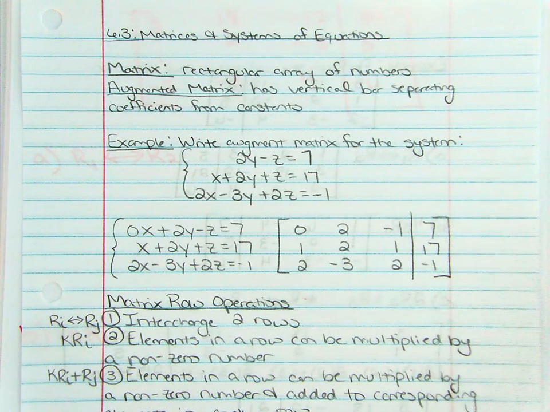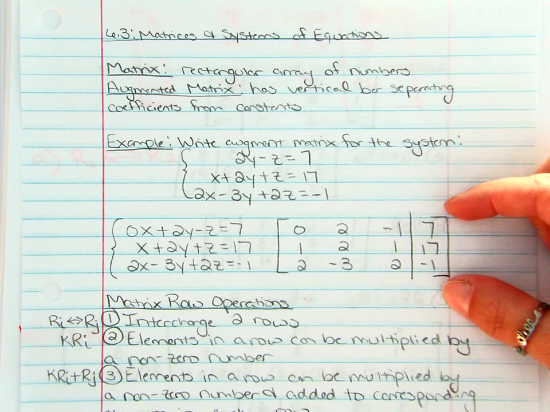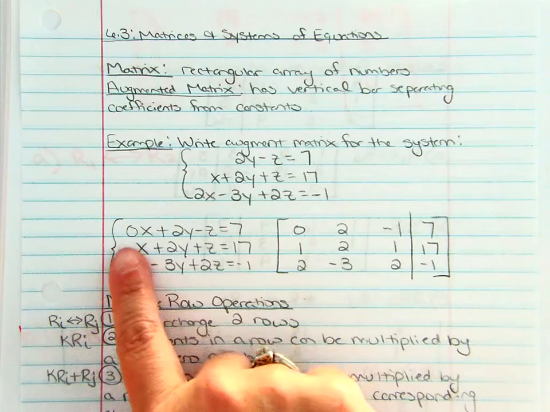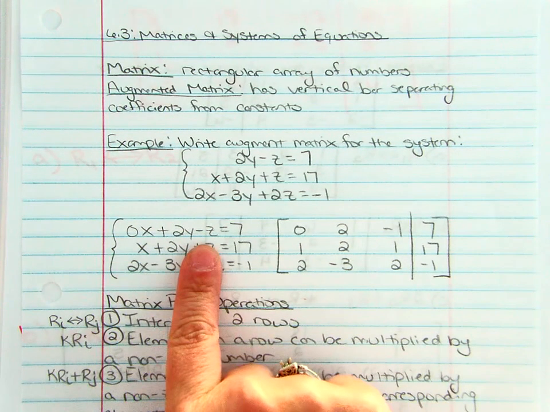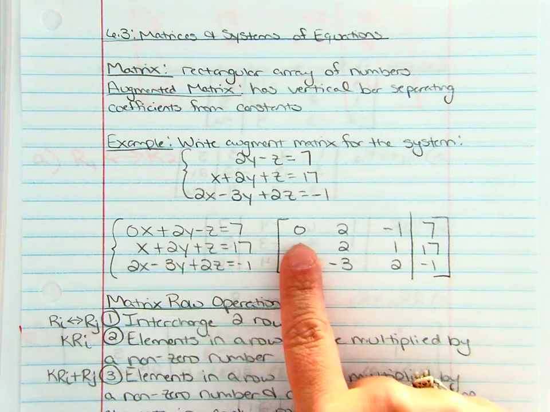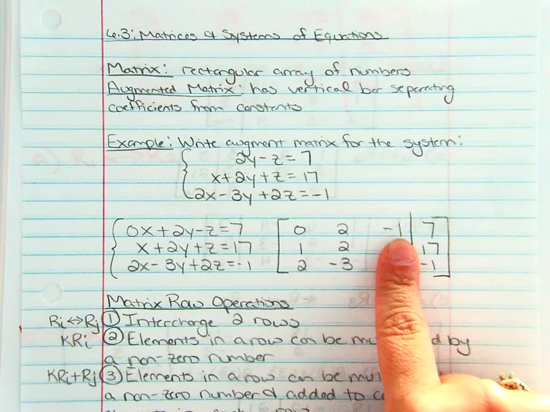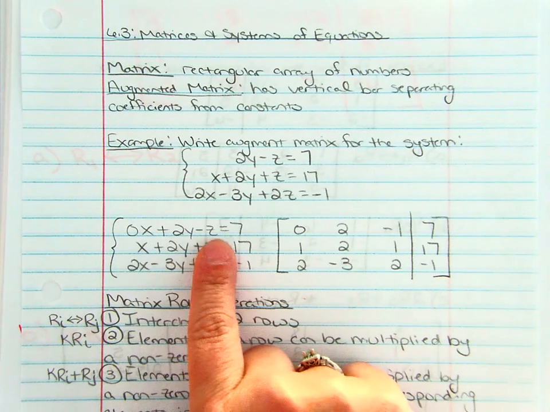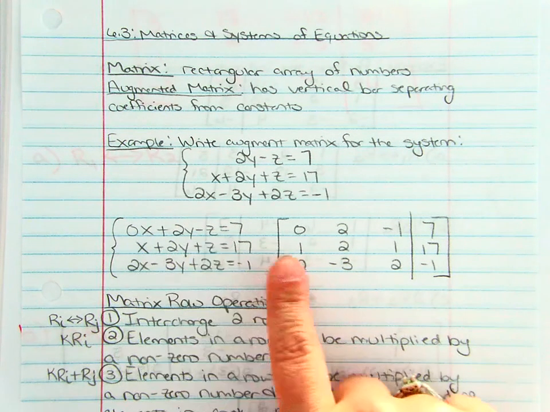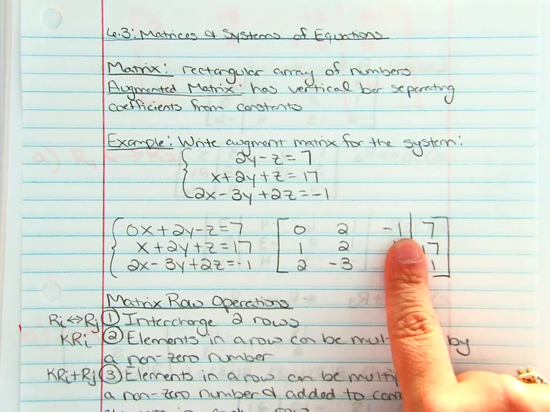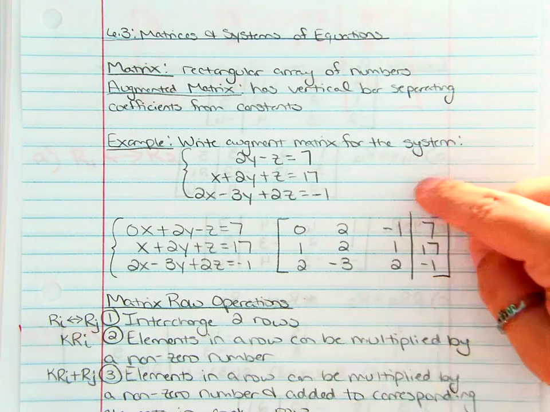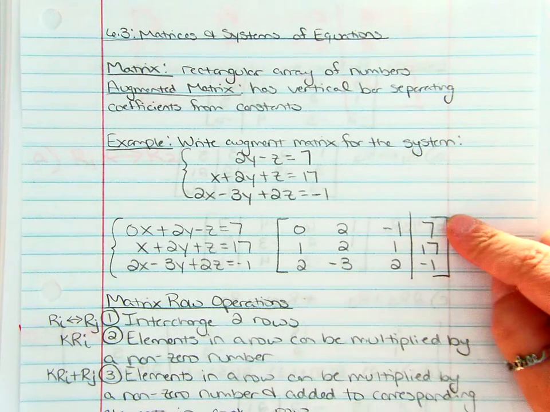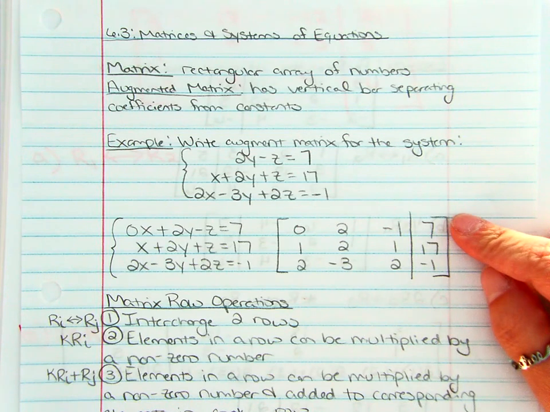That way, when we start making matrices, what's going to happen is you take your coefficients for your different variables and you write them inside of your matrix. So I had 0 x's, 2 y's, and -1 z's. So I have 0, 2, -1. And then I have a big vertical bar, and I put my answer, or my constant, on the other side of it.